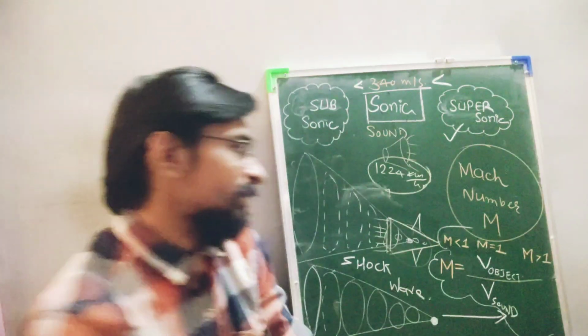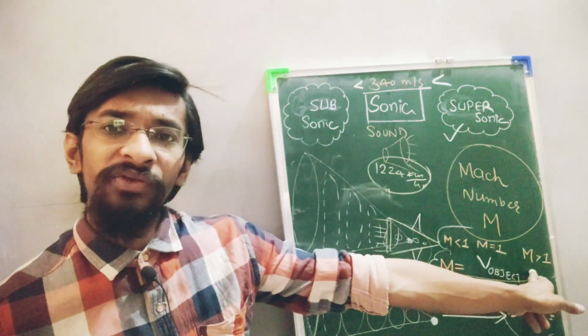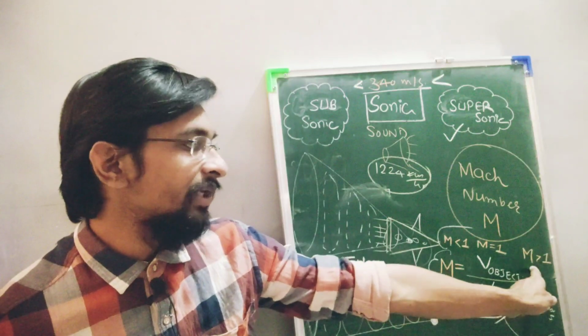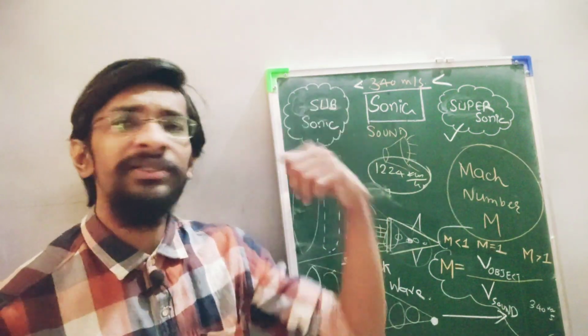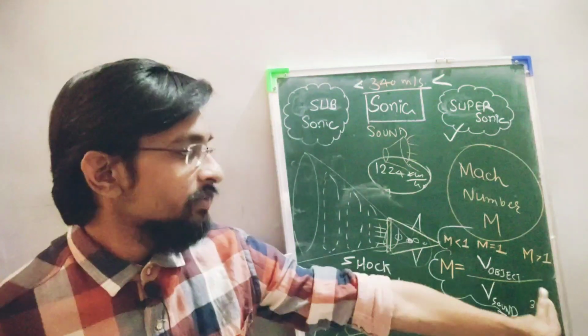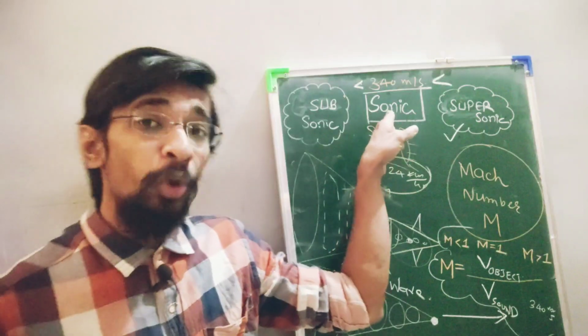Let's say the speed of sound is 340 meters per second. If the speed of the object is less than 340 meters per second, something less than 340 divided by 340 will be less than 1, which implies subsonic. Now if the speed is 340 divided by 340, it will be 1, which implies it is sonic.